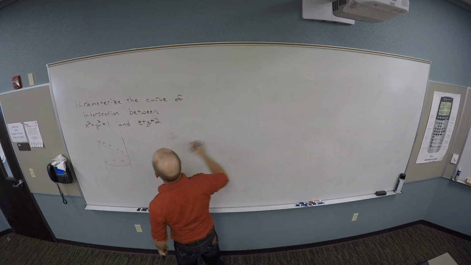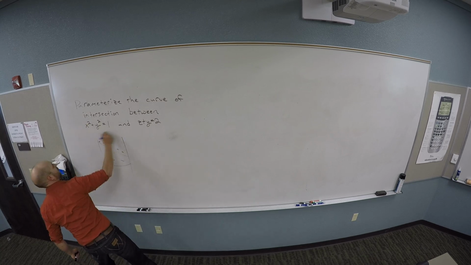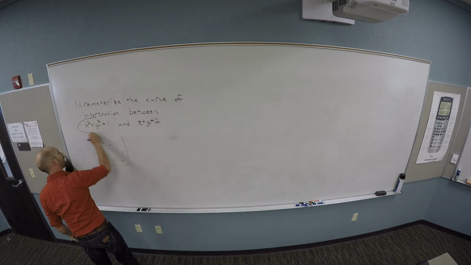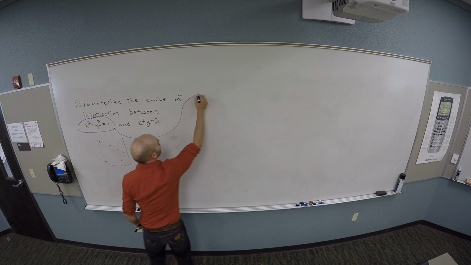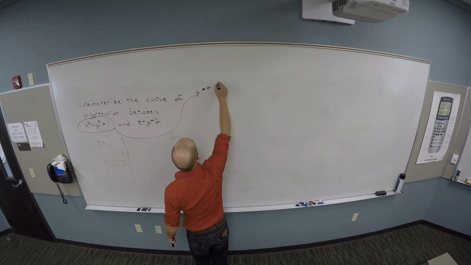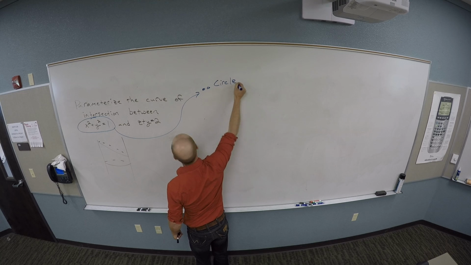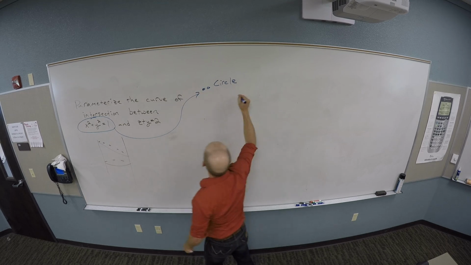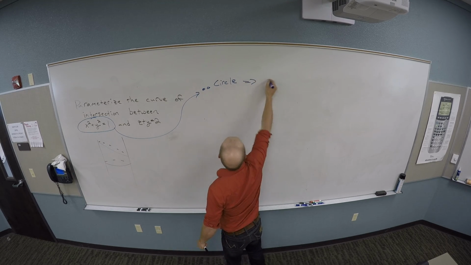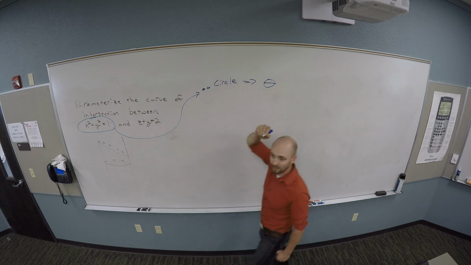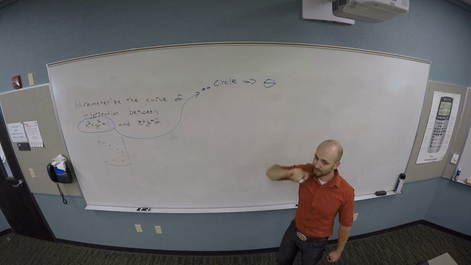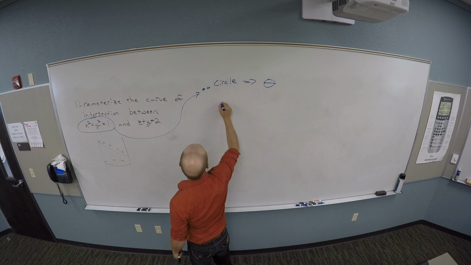Okay, so I'm looking at this thing, and I'm thinking to myself, all right, circle, even though it's not. So circle means having to think thetas. Cosine theta squared plus sine theta squared equals 1. Forget the r's.